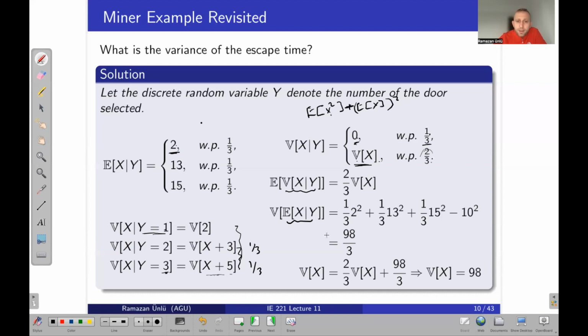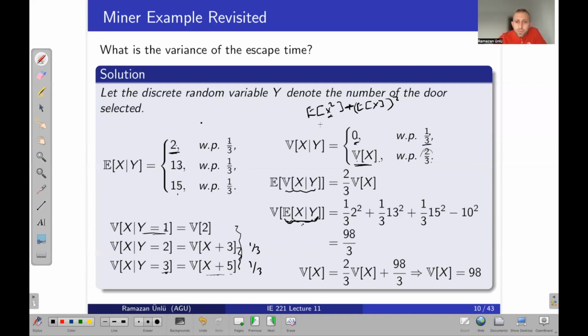Instead of x, I will use that one. I will consider the expected value of x given y as x here, so as a random variable. And I know that this guy can take 3 different values, 2, 13, and 15, with the respective probabilities.